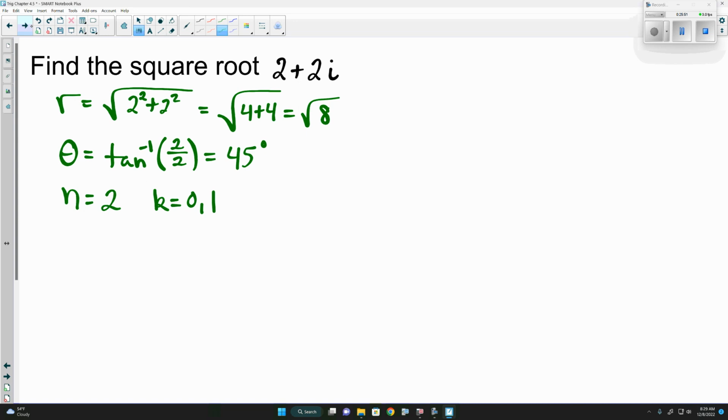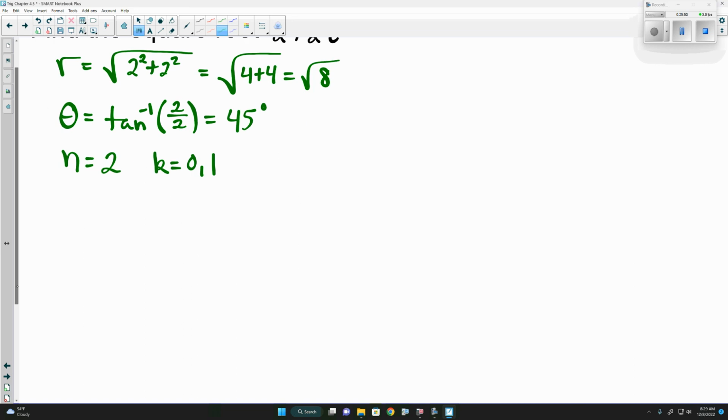Well, we have all of our information here. So we can say Z0 is equal to the square root of the square root of 8.